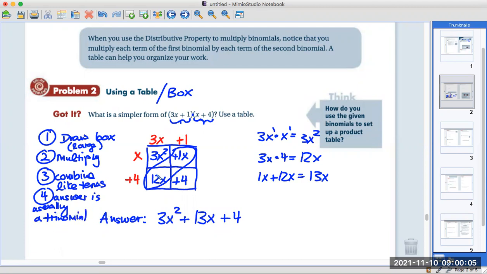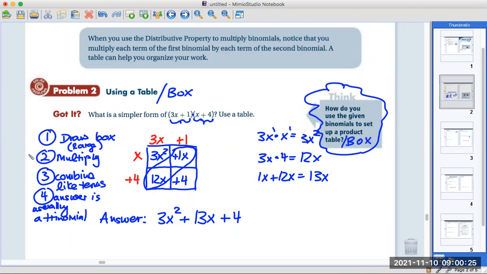Okay, so first we draw our box. We're multiplying two binomials. Draw your box, fill in the top and the side. I'm reading this little thing. How do you use the given binomials to set up a product table, which I call the box, right?